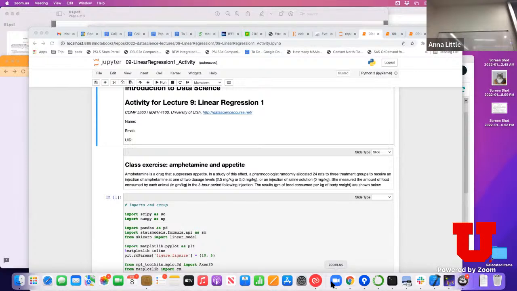So if you take these 3 and concatenate them, you'll get one list of all of your y values. Does that make sense? Yeah, makes sense. Okay. Thank you.